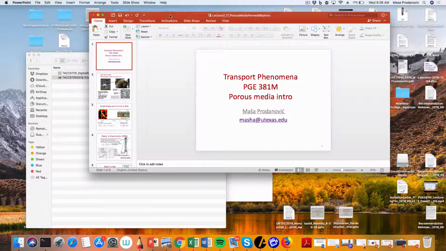Those are the analytical solutions we have. So the question is, how do I get from flow through one such tube to essentially a network of very irregular tubes?